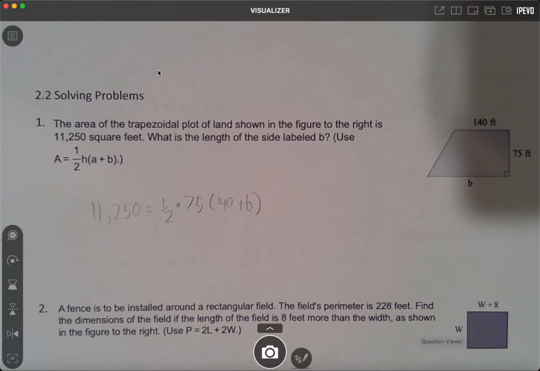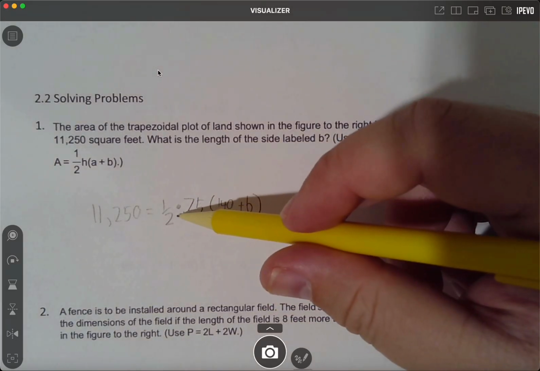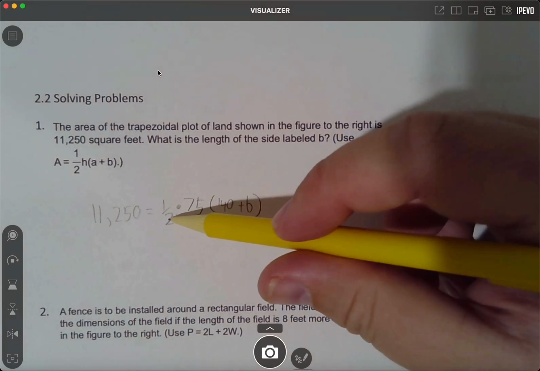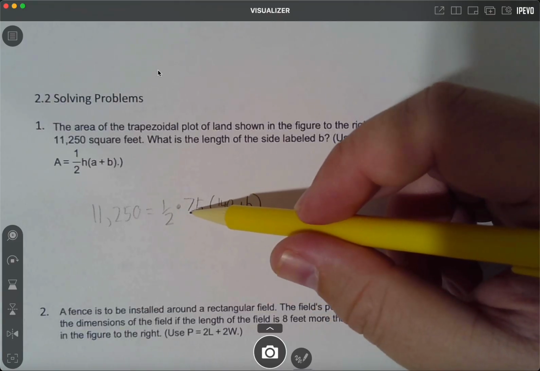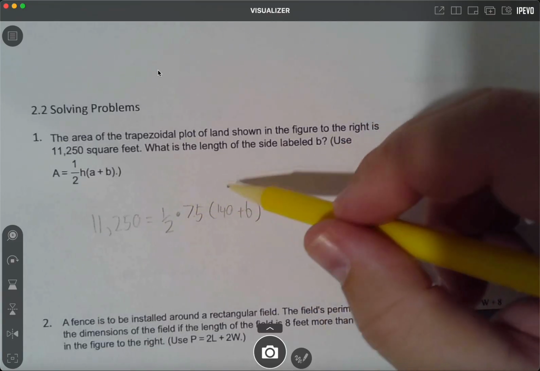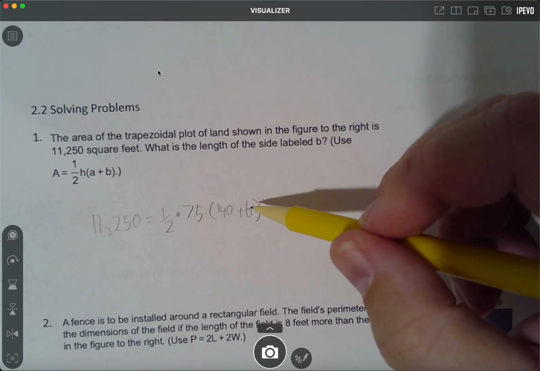From there, what we're going to need to do is get B isolated. Now, to me, I think the easiest way to deal with that is to do what we did at the end of 2.1 and realize that I don't actually need to multiply 1/2 times 75 and get some decimal, and I don't need to distribute 75 to both of these and get some really big numbers.